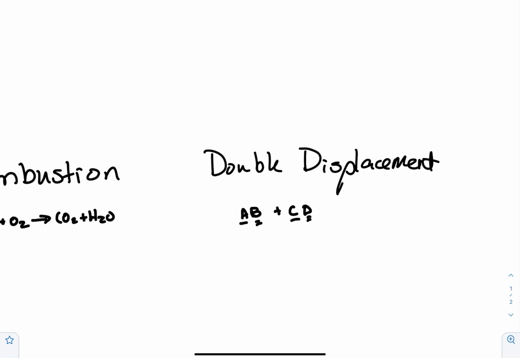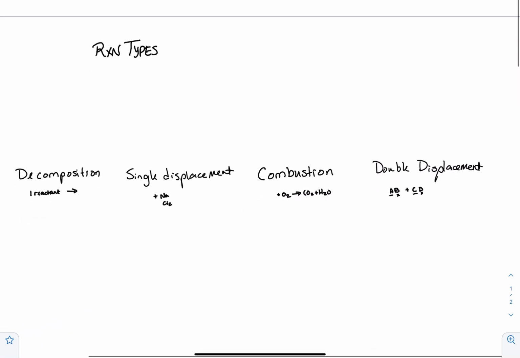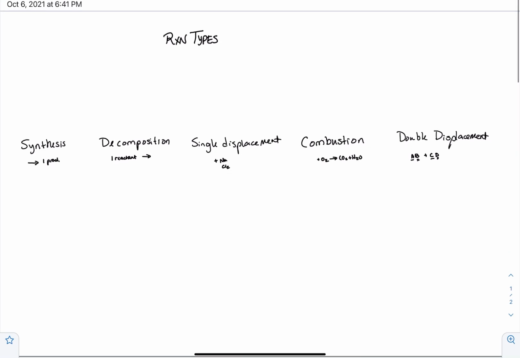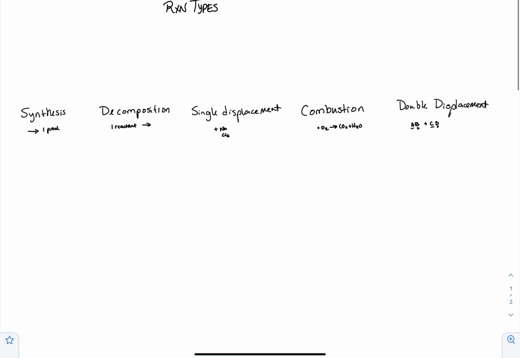All right, so we zoom out a little bit and we look at these different types of reactions. Something that we'll get into is this idea that a synthesis reaction and a decomposition reaction and a single displacement and even a combustion, these reactions actually fall under one overall category. A lot of people don't mention it at the beginning.